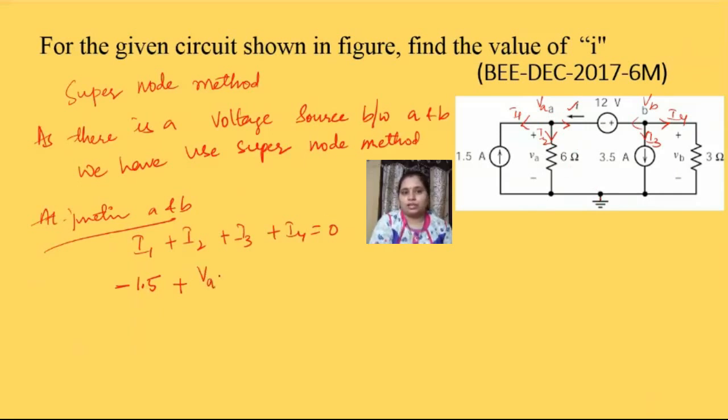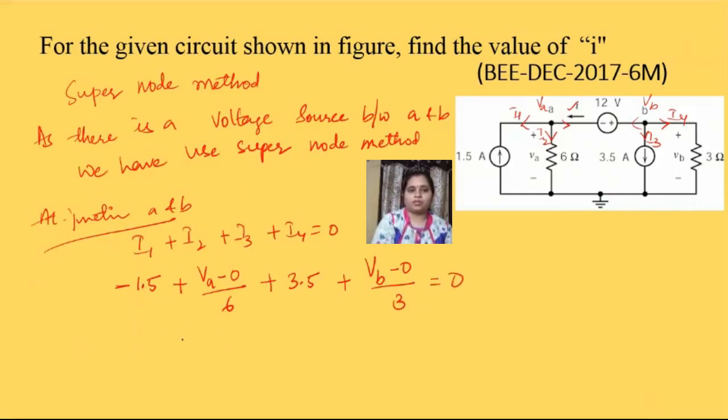We are ignoring the current in this path because the voltage source is there, so we jump from node A to node B, junction A to junction B. For B, what is I3? I3 is 3.5, and the direction is the same, so it is 3.5. Plus I4, which is VB minus 0 divided by 3, is equal to 0.